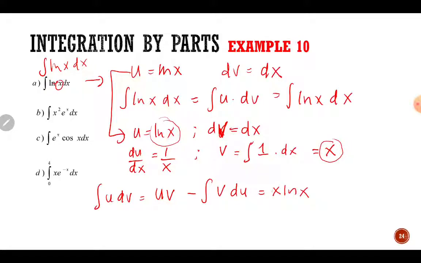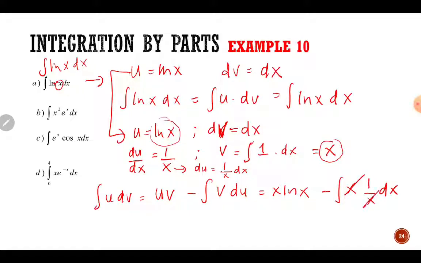I put x in front to avoid confusion. If we put ln x in front, ln x times x, you might write ln x squared, which is wrong. So to avoid confusion, we write x ln x, and then minus v, which is x, and du, which is 1 over x dx.